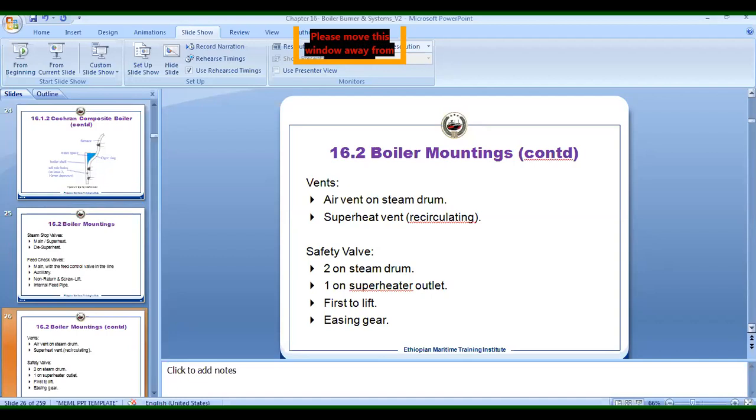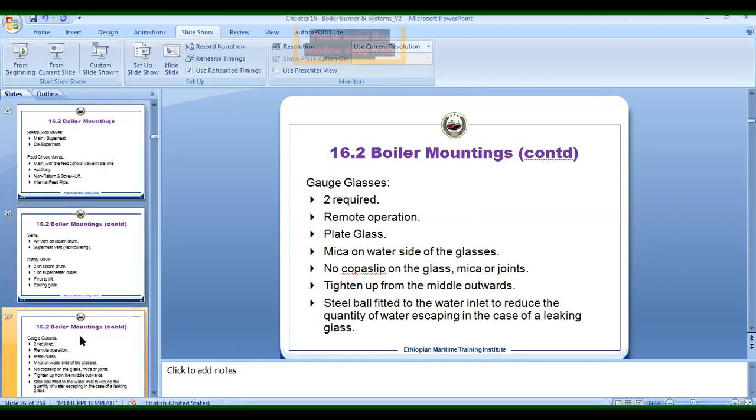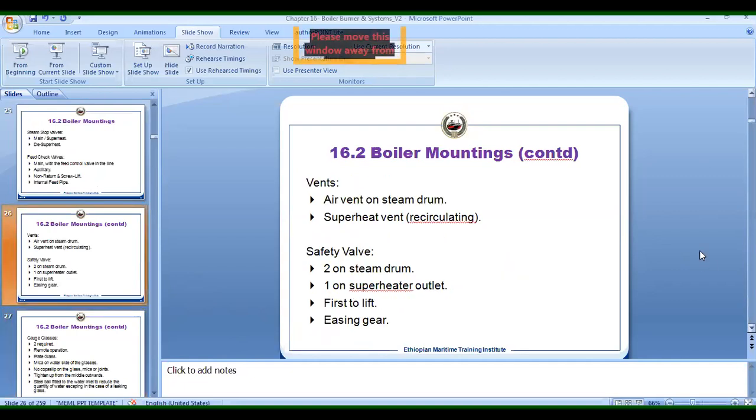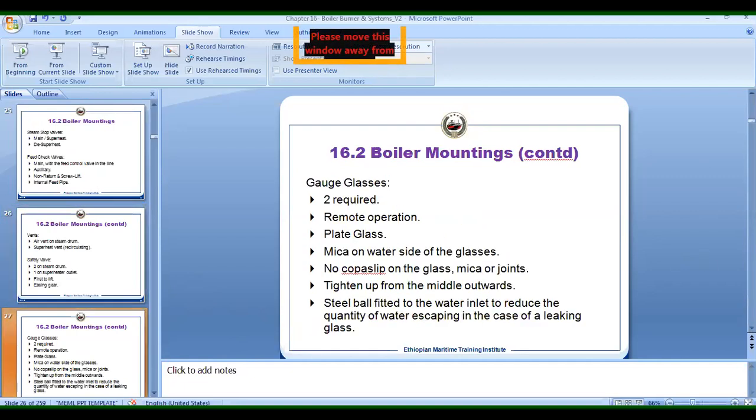You have the safety valves, 2 safety valves on the steam drum and 1 safety valve on the superheater outlet. Of the 2 safety valves on the steam drum, one will lift first, and then you have easing gear for the safety valves by which you can manually operate them to see whether they are not frozen in place and are in good working order.